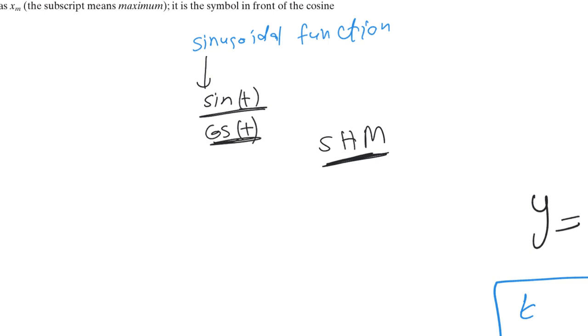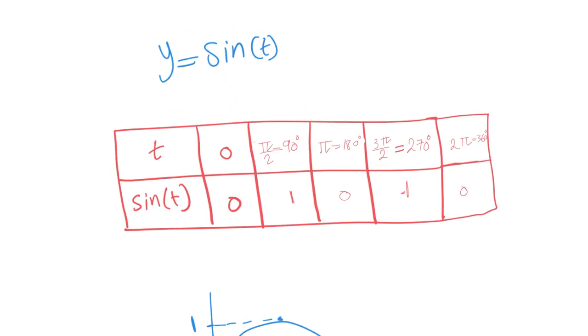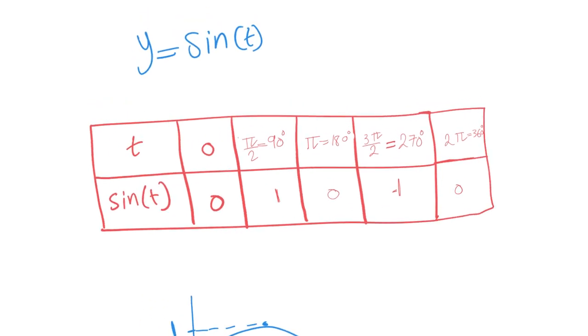To make this easier, I will explain for you firstly the sinusoidal function, for example sine or cosine. So if we have a sine function, for example here we have y equal to sine of t. Okay, if we plot this function with time t: 0, pi over 2, pi, 3 pi over 2, or 2 pi.